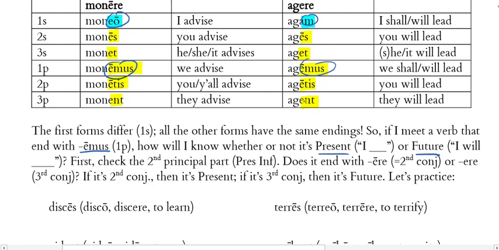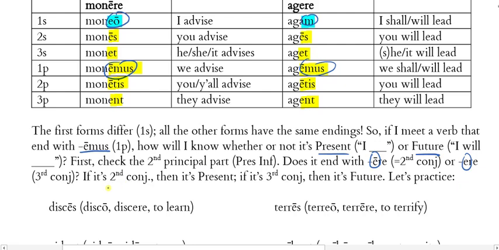First, we want to make sure we know the principal parts, and that especially we know not only the lexical form, which is the first principal part, which is the present tense, but that we know the second principal part, which is the present infinitive. And then we need to ask ourselves, what does it end with? Does it end with -ere, long E, second conjugation, or does it end with -ere, short E?